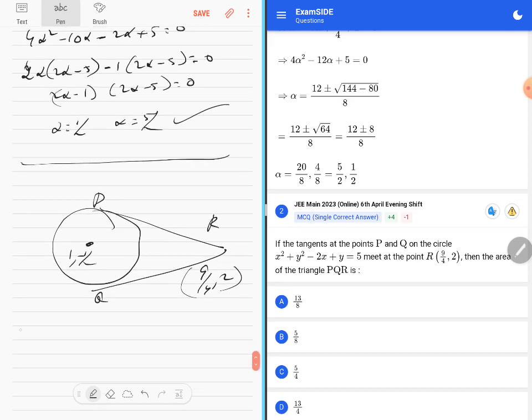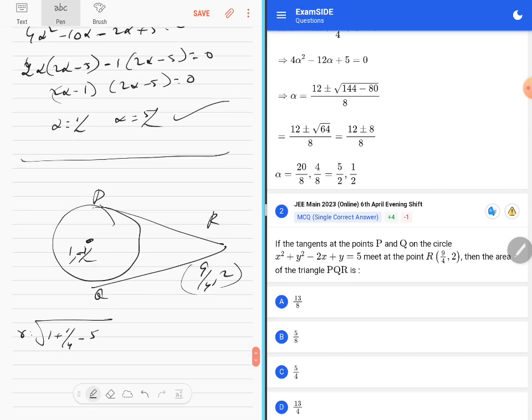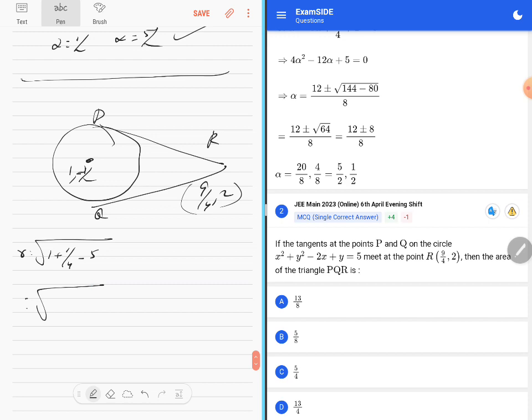And what will be the radius of this? For whatever it's worth, I'm just finding root of g square plus f square minus c, root of 1 by 4 minus 1... it cannot be negative, something is wrong.